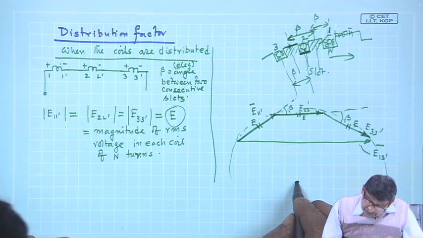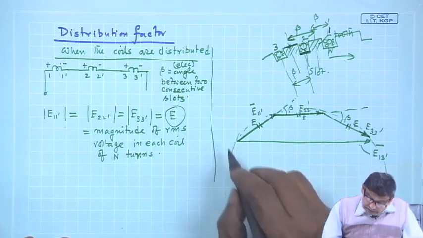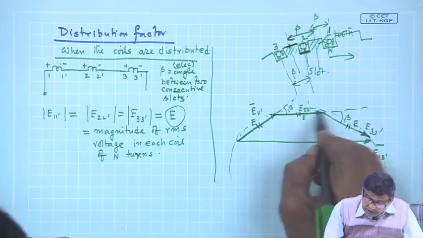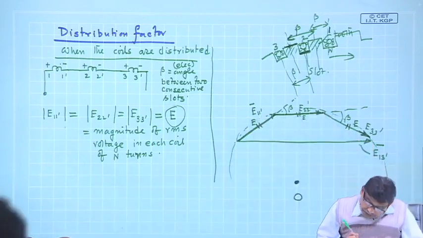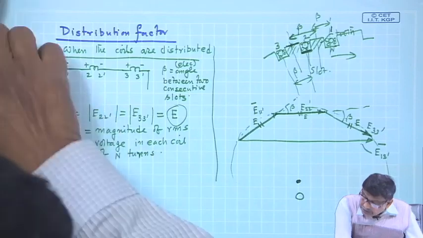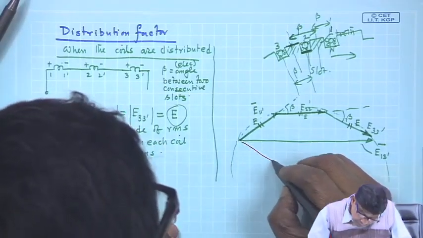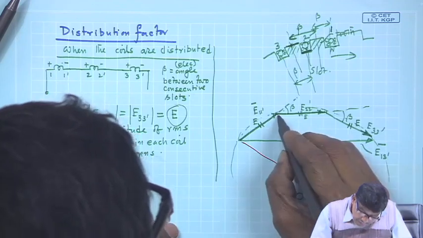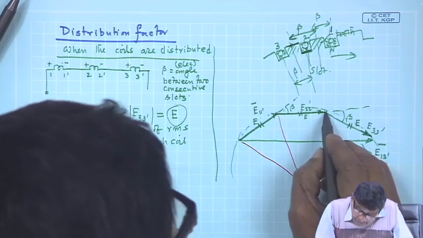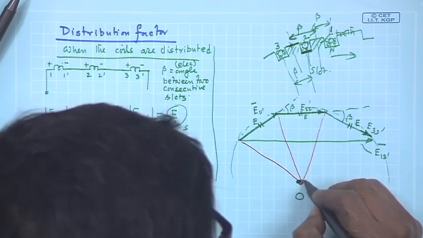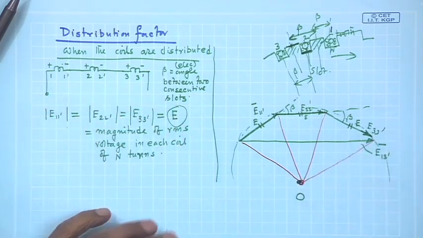Then suppose this is the center of that circumscribing circle, which will be at the corners here. Now, you join these points to the center of this circumscribing circle.